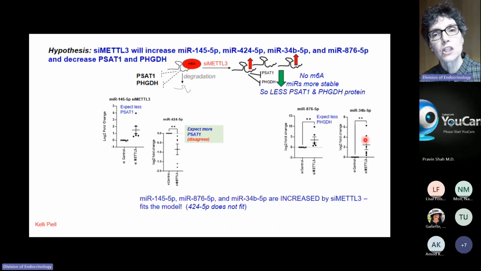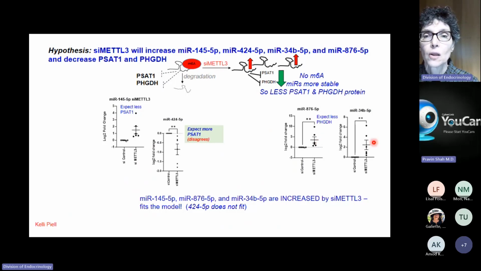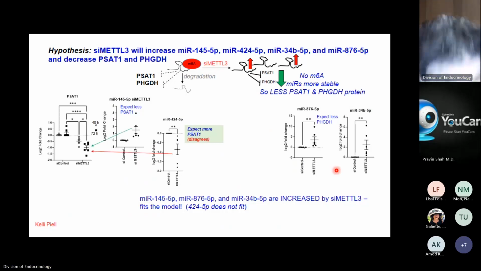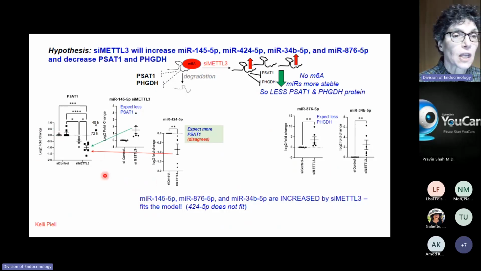And on the PHGDH side, what do we see? With knockdown or Si-METTL3, we see an increase in miR-876-5p and an increase in miR-34b. So we would expect less PHGDH with more microRNA; protein should go down. And what do we see at the protein level? Well, we know that we saw a decrease in PSAT1.